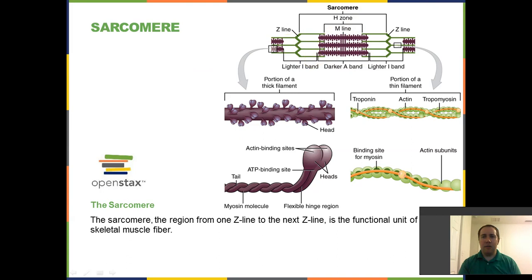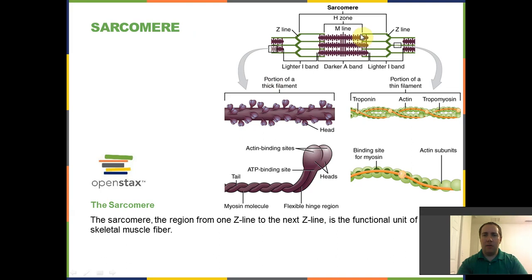And so you can see how you would get light, dark out of this. Where we have thick filament, we call that the A band. Where we do not have thick filament, it's going to look lighter. We call that the I band.